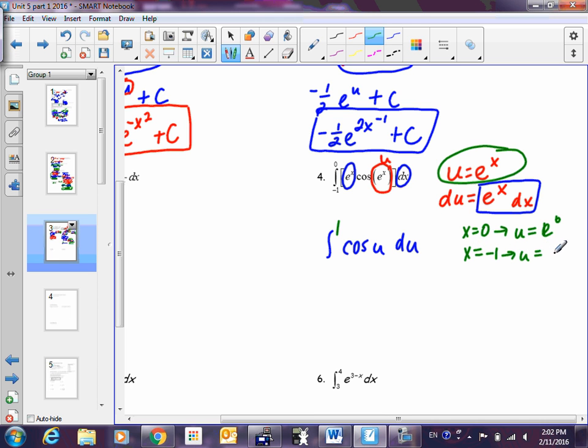What would u equal? Okay, remember, we're taking this x value and plugging it in for x. So we're going to go e to the -1. It doesn't equal anything. You could rewrite it as 1 over e. I'm going to go ahead and just leave it as e to the -1. That's totally fine. But it doesn't turn out to be some number.